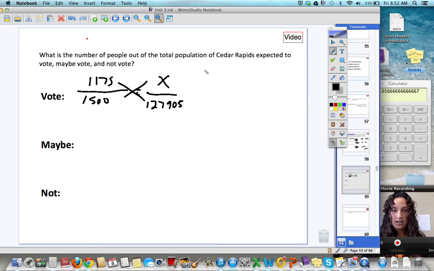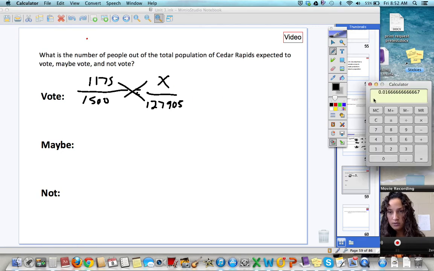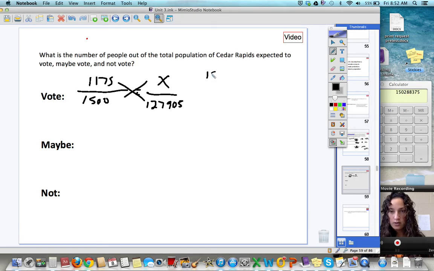So then we have to do 1175 times 127,905. So then we're going to get 150,288,375 equals 1,500 times x, just 1,500x.